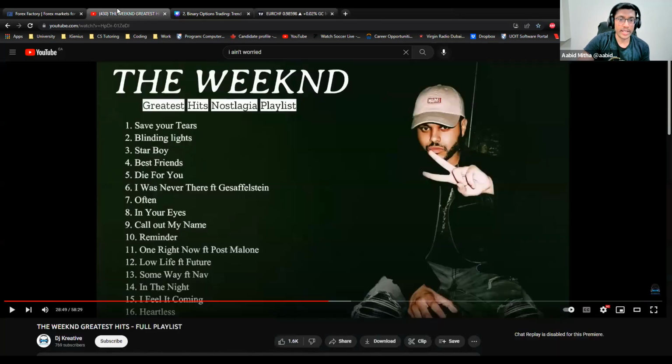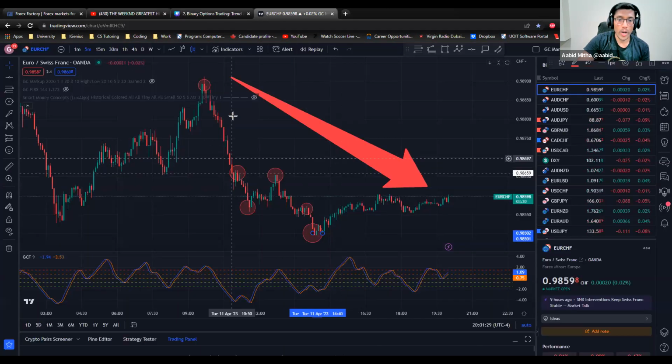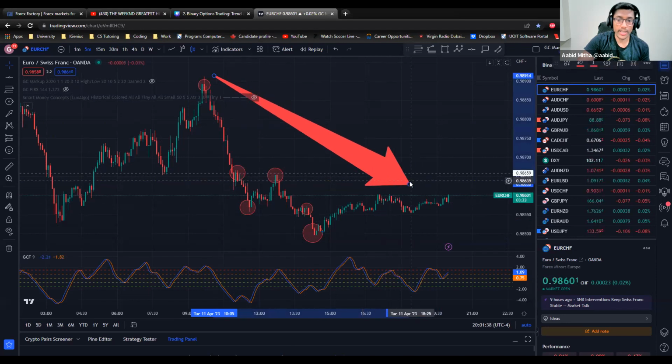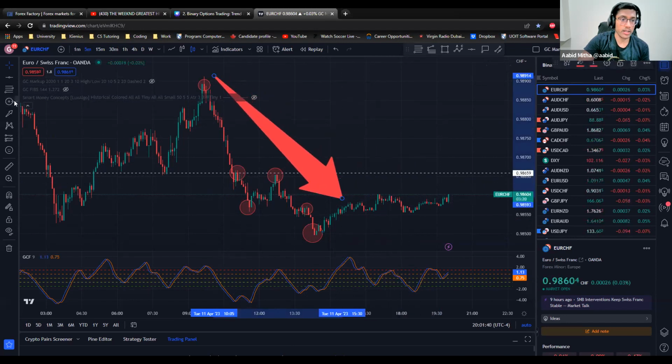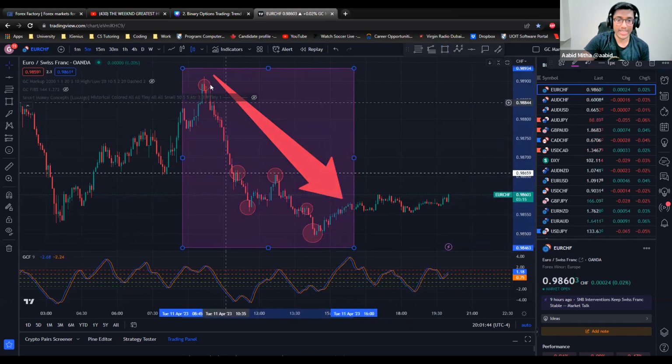Now, this obviously isn't as smoothly moving as we saw in the example right here, but we can conclude that based on the lower highs and the lower lows that we see, at least in this little area right here, it is actually in a downward trend, right?